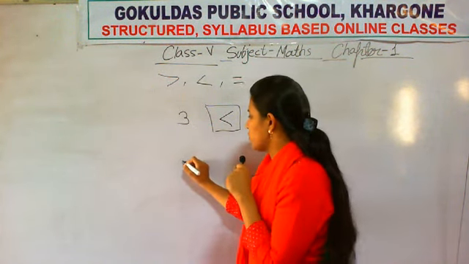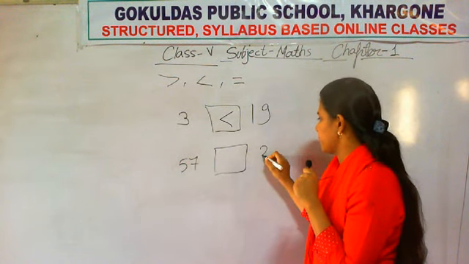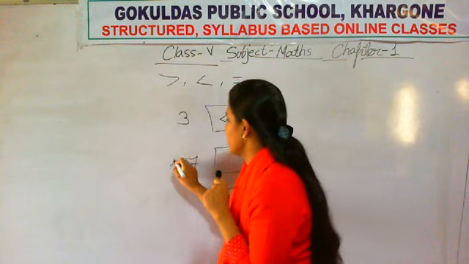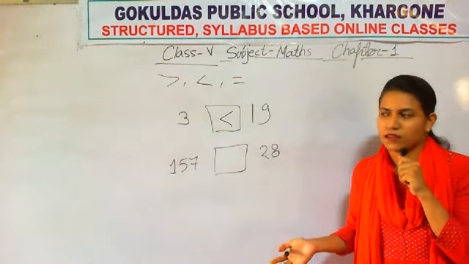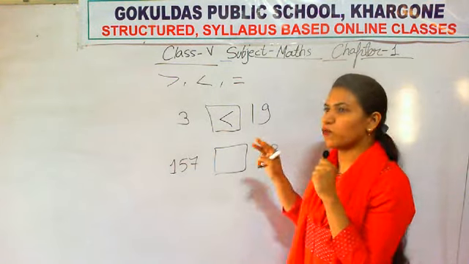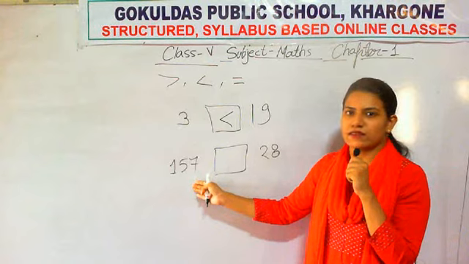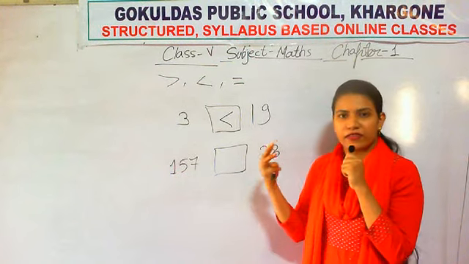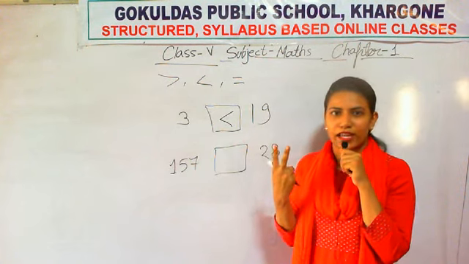Suppose I give you the numbers 157 and 28. Which number will be greater? The number which has more digits will be greater, right? 157 is greater because it has 3 digits, and 28 is lesser because it has only 2 digits.